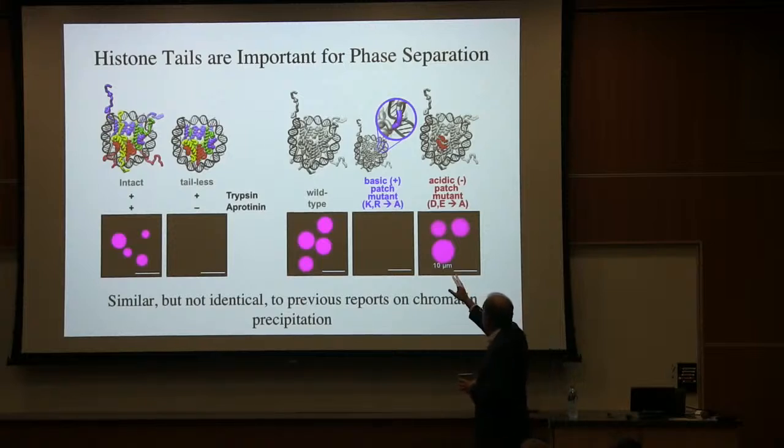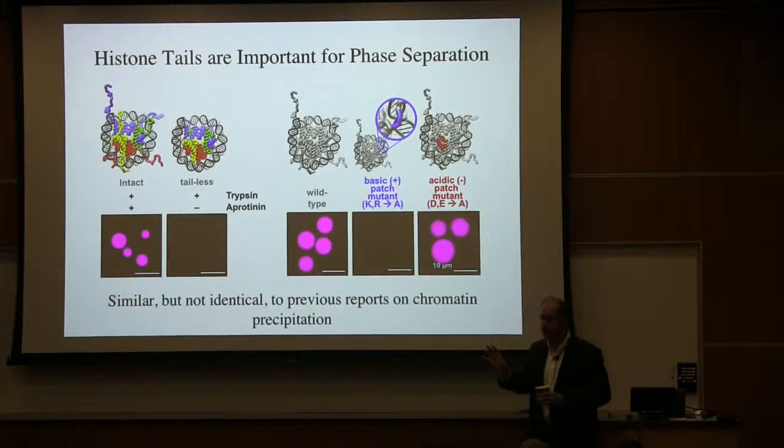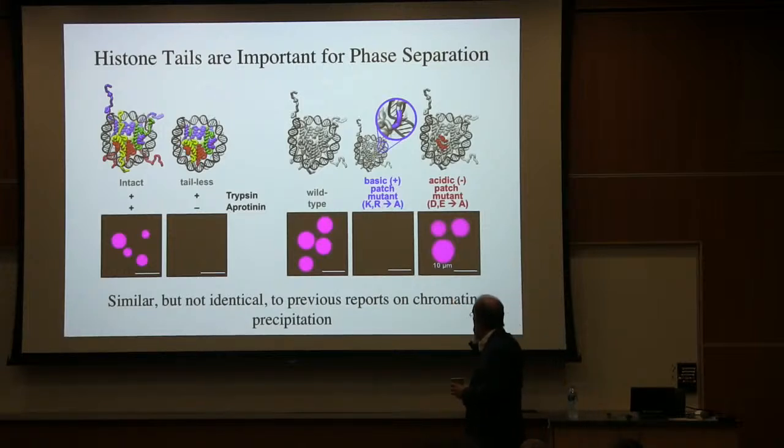Moreover, there's what's been called the basic patch on the histone H4 tail that plays an important role in organizing chromatin in cells. If we mutate that patch on H4 in our octamers, again, we lose the capacity to phase separate. And that's consistent with previous data on the precipitation of chromatin arrays by magnesium.